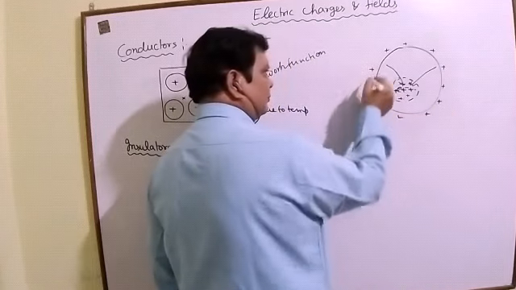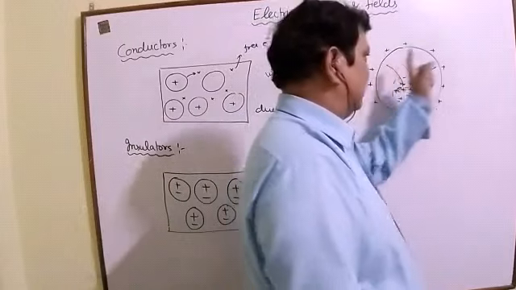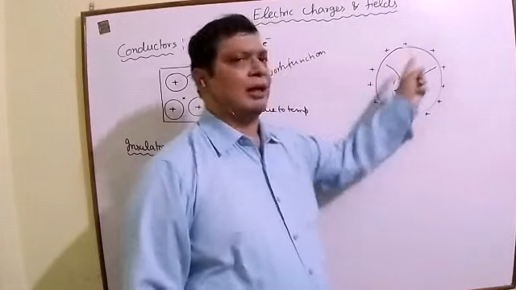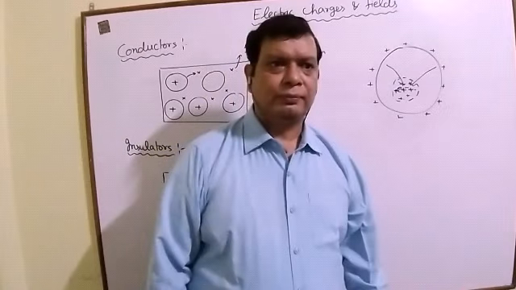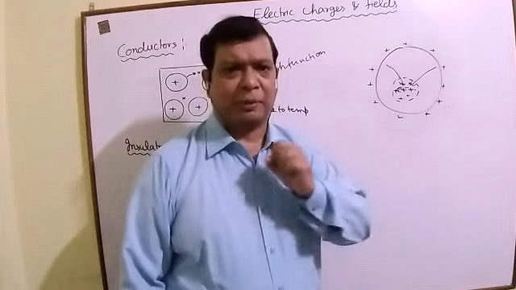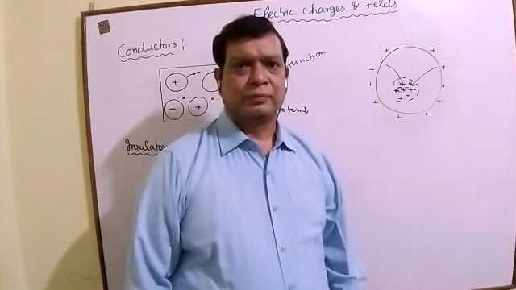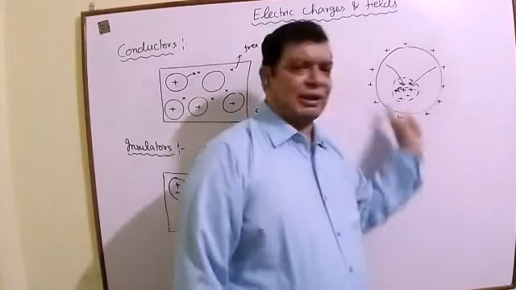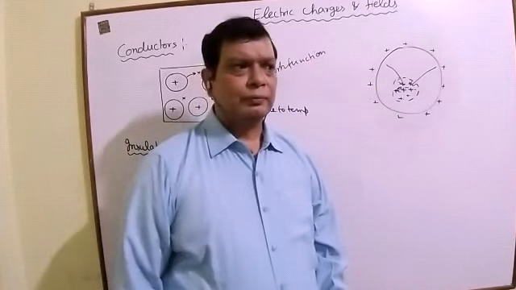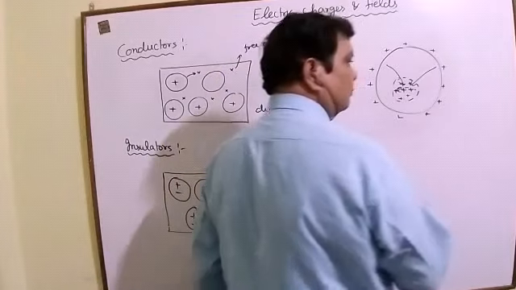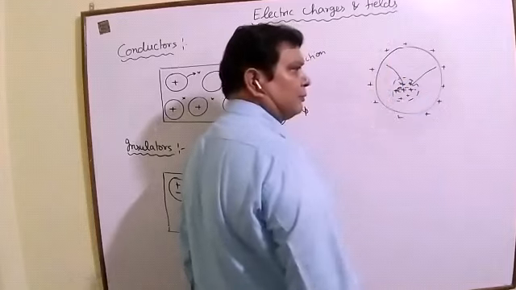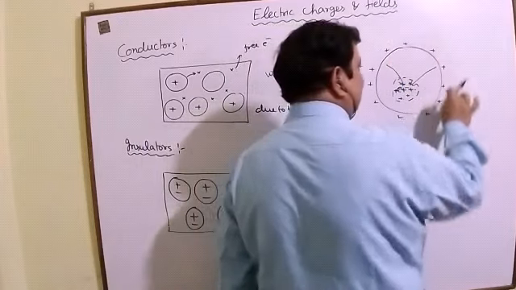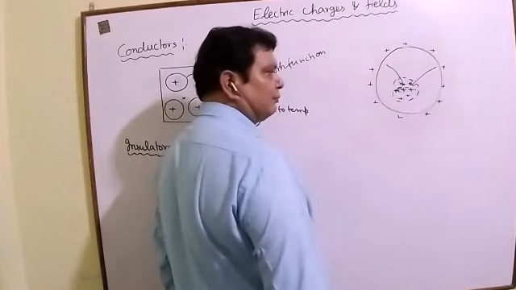One more thing: whether this distribution of charge will be uniform or non-uniform depends upon the shape of the conductor. If the conductor is symmetrical in shape, like a sphere, then the distribution of charge will be uniform. The charge density at every place will be the same.